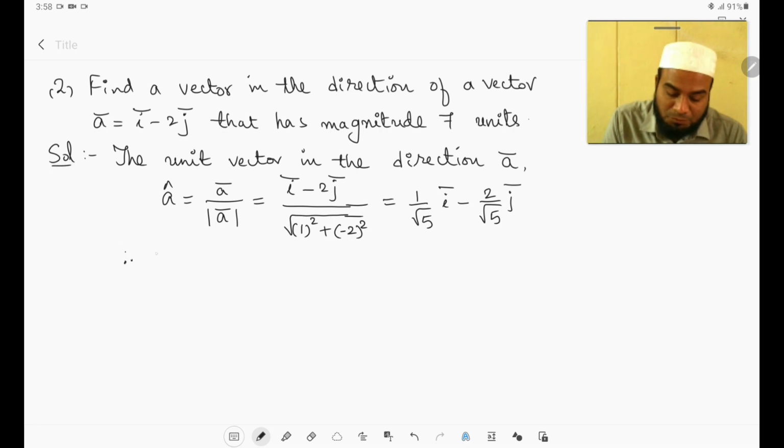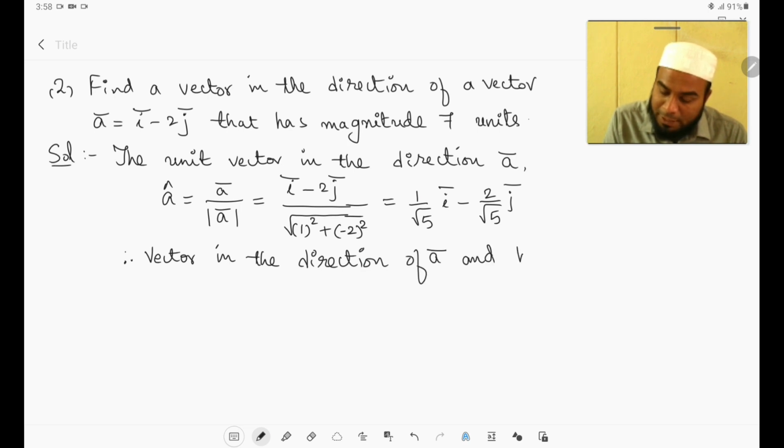Therefore, the vector in the direction of a bar and has magnitude 7 will be 7 into the unit vector a cap.